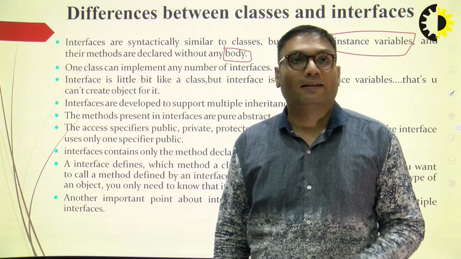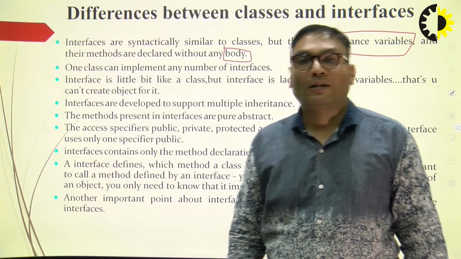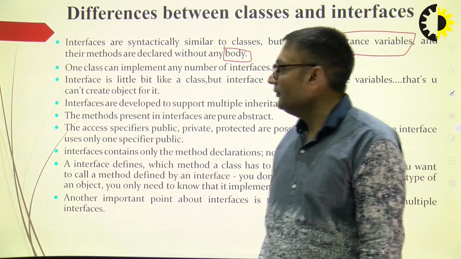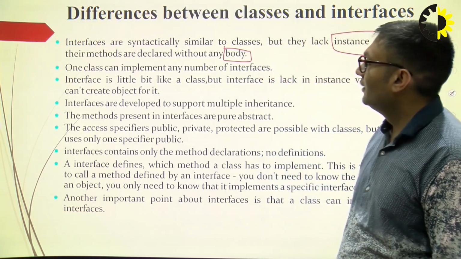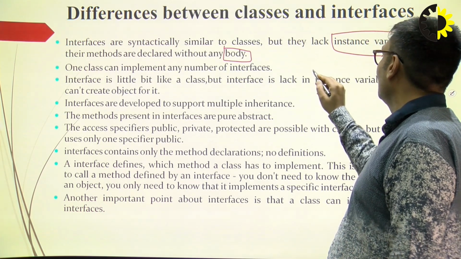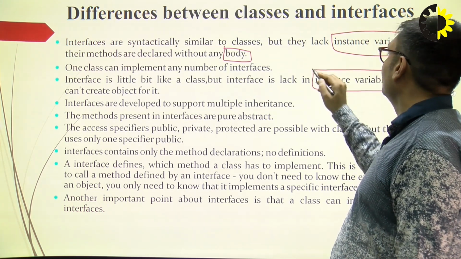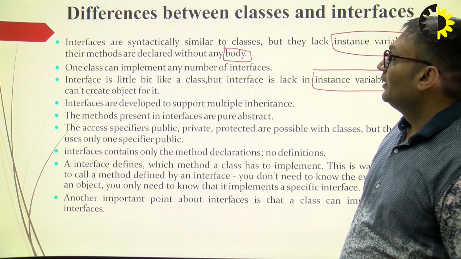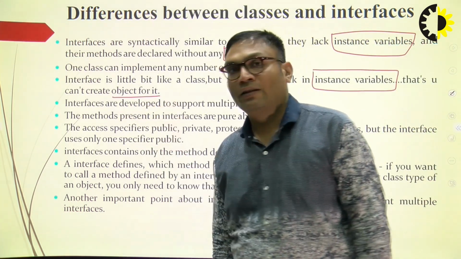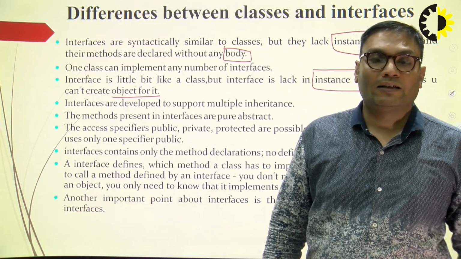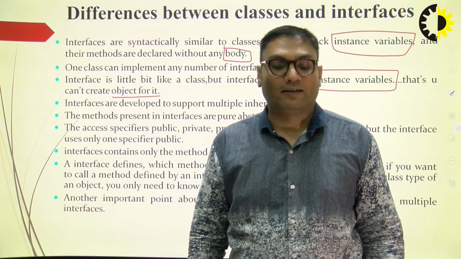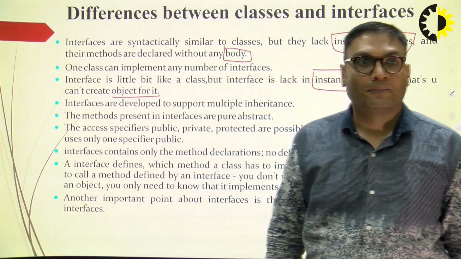So multiple inheritance is not possible in Java, but through interfaces, this is possible. An interface is a little bit like a class, but it lacks instance variables. As I told you earlier, there is no instance variable. That's why you can't create an object for it. So we can't create objects for interfaces, but in a class we can.